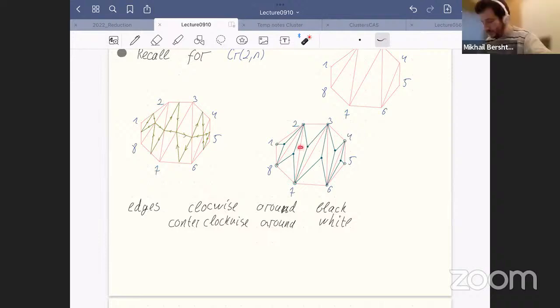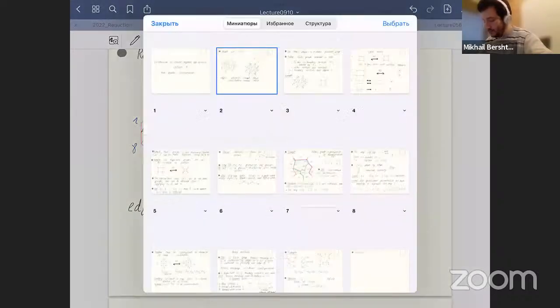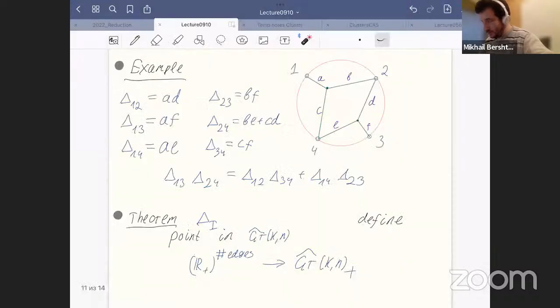Minors are usually a variables, yes. But here we have a parameterization of these a variables by a, b, c, d, e, f. Yes, we have a parameterization.